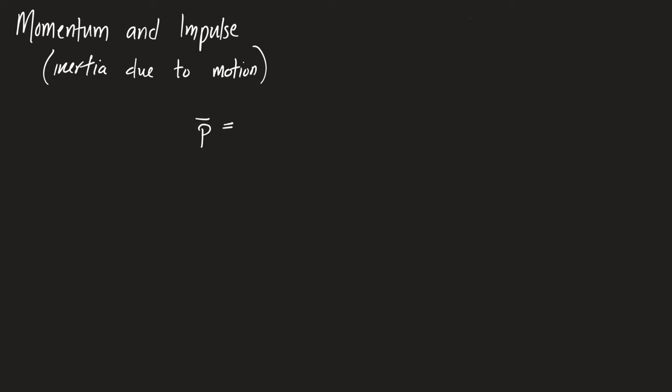So if you want to ensure that you don't screw up the simple trick questions, you have to start remembering that the direction of momentum matters. It is a vector quantity. Momentum is merely the product of mass and velocity, and momentum takes its direction from the velocity. Whatever the direction of the velocity is, that's the direction of the momentum.